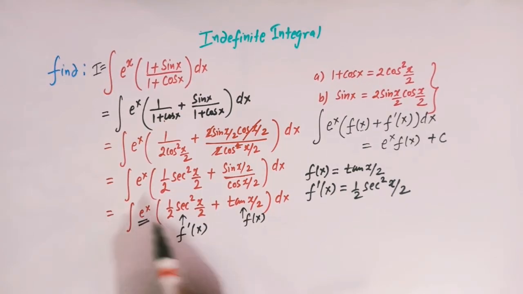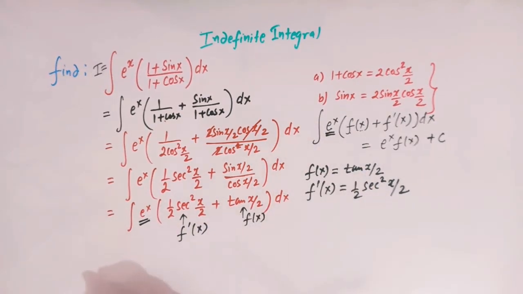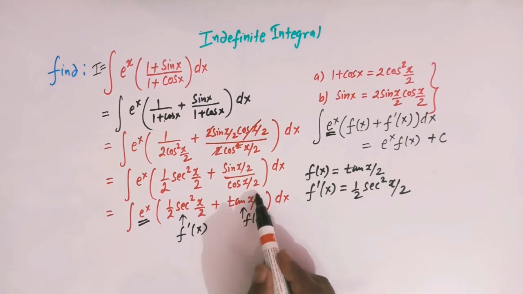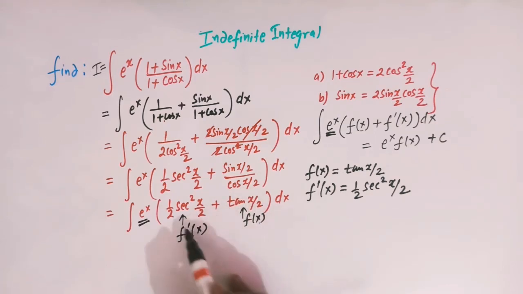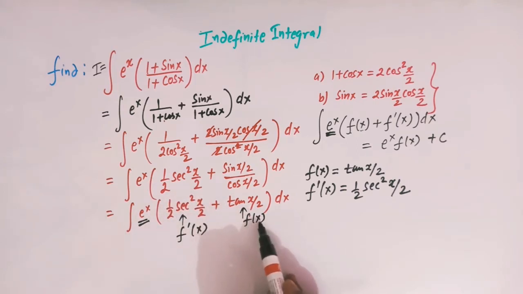Here we have e raised to x, and there also we have e raised to x, and one of the functions can be treated as f of x and the other is the derivative of f of x.